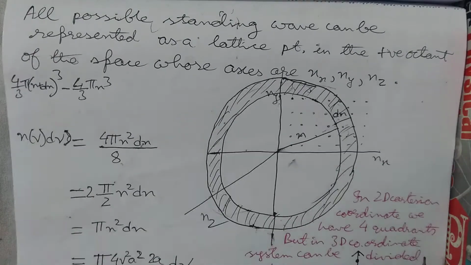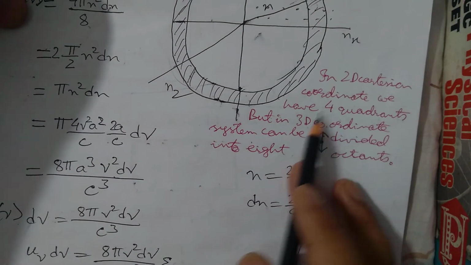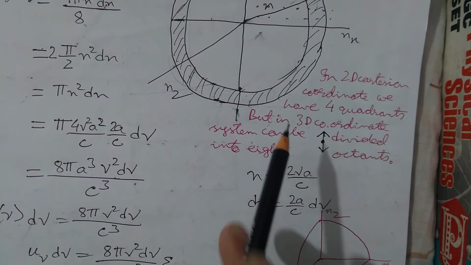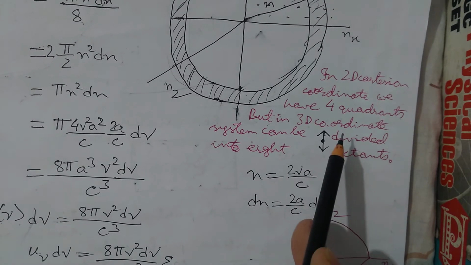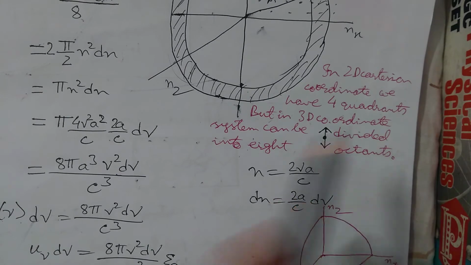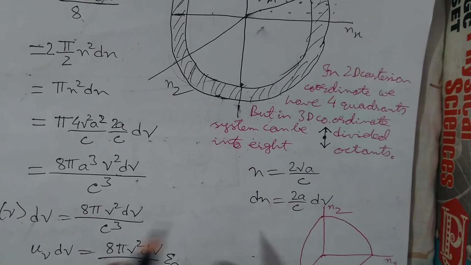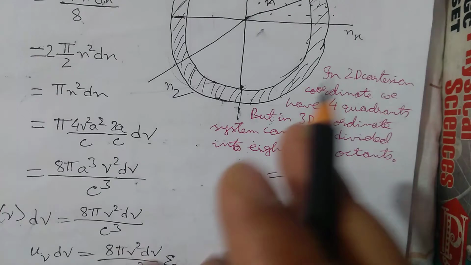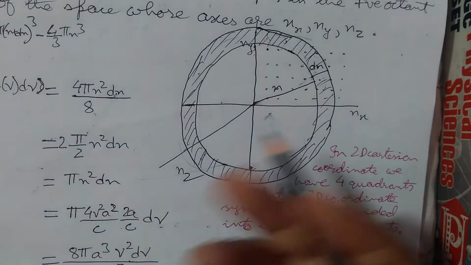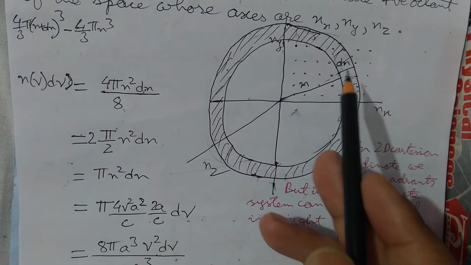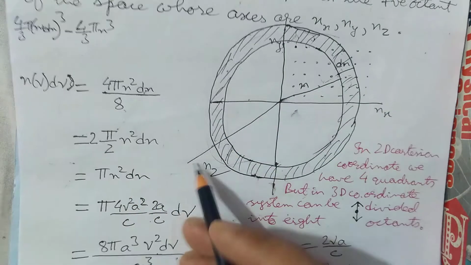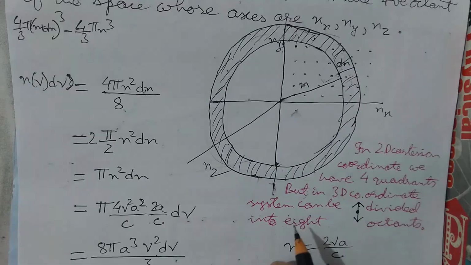In a two-dimensional Cartesian coordinate system we have 4 quadrants, but a three-dimensional coordinate system can be divided into 8 octants, where only the first octant contains nx, ny, nz all as positive values. So the volume of the sphere only in the positive octant will definitely be 1 by 8 of the total volume.